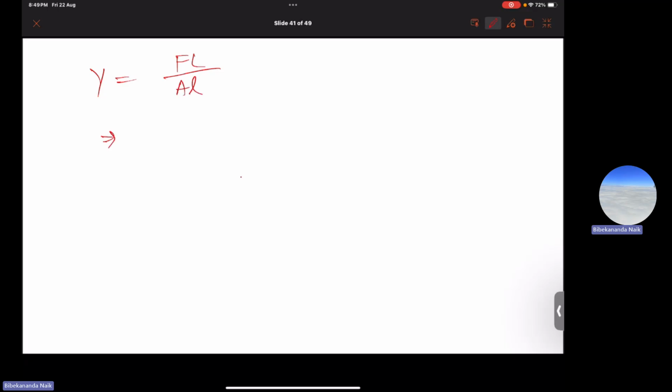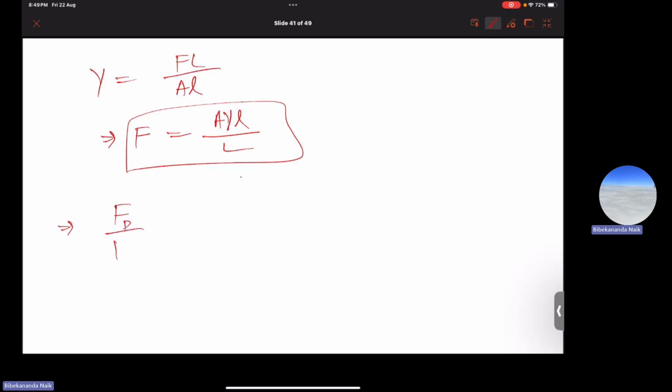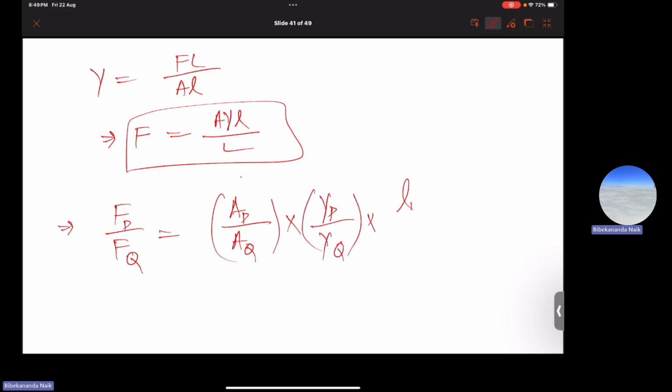So F is equal to A Y small l by capital L. So here F_P by F_Q will be A_P by A_Q into Y_P by Y_Q into L_P by L_Q into L_Q by L_P.